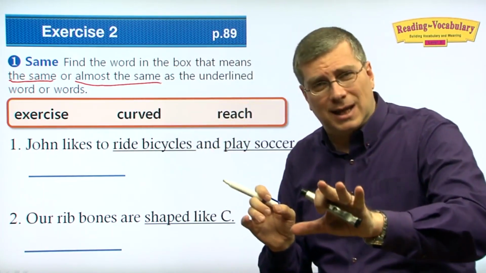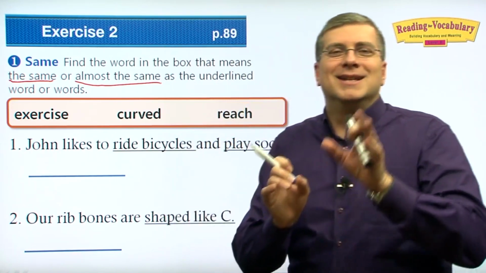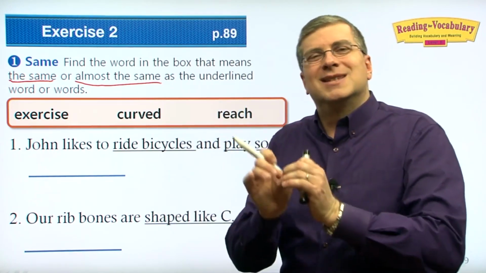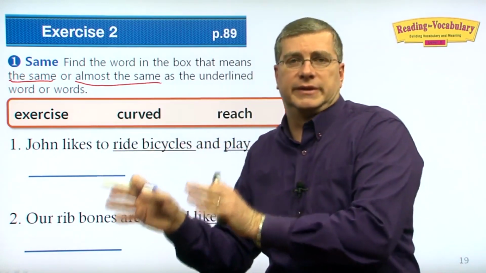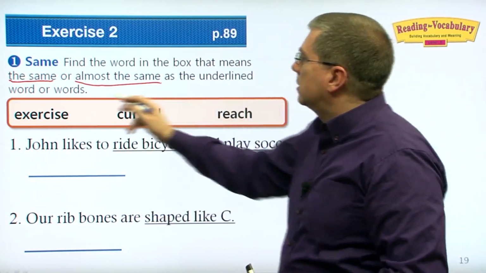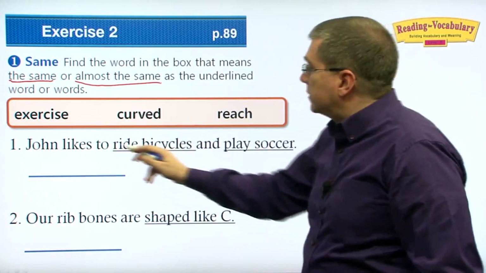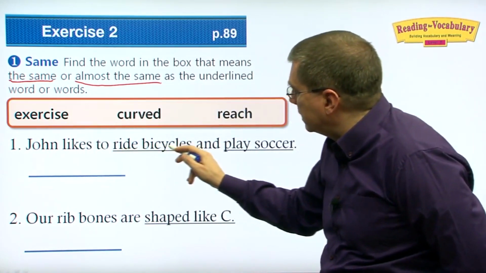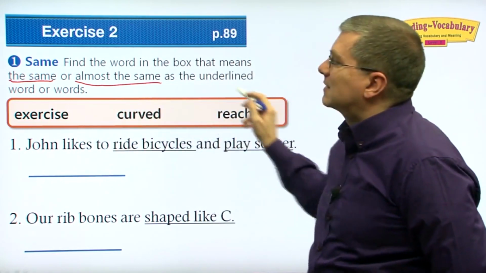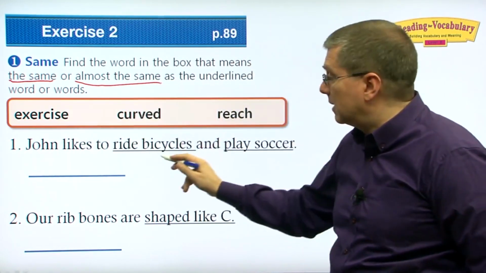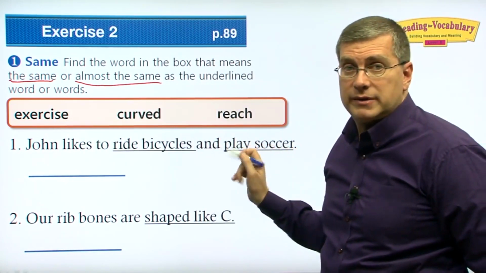Maybe not dokateo, but bistandeo, right? Same is dokateo, similar bistandeo, right? So the same or almost the same as the underlined word or words. So we see the sentence here, we see this is underlined, this is underlined. Which word is similar or the same as these underlined parts of the sentence?